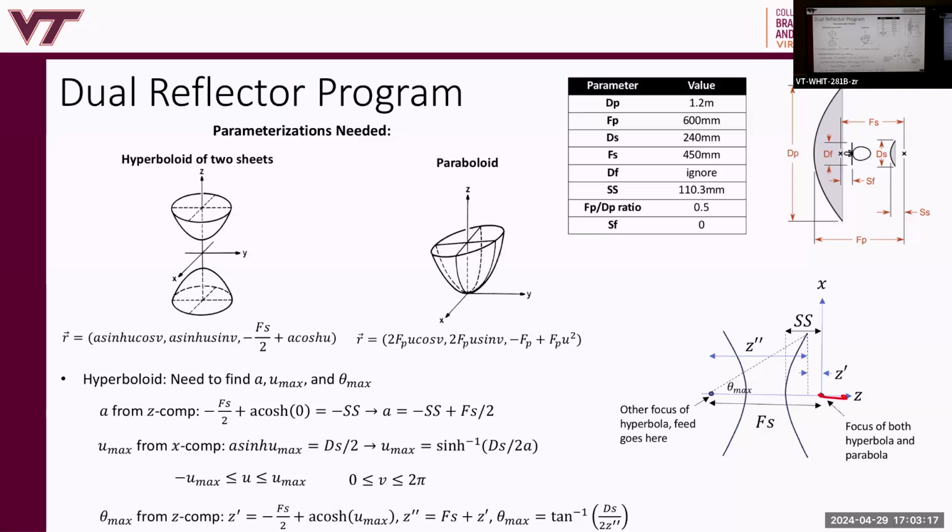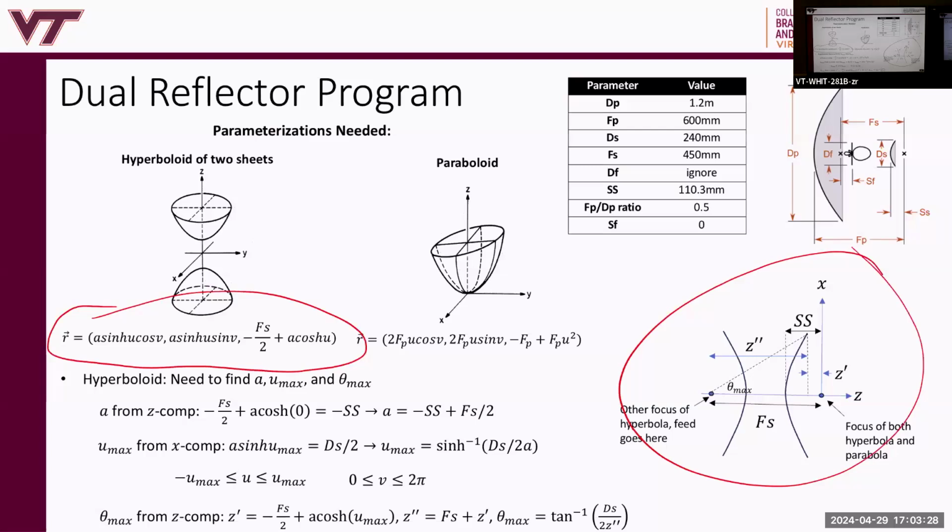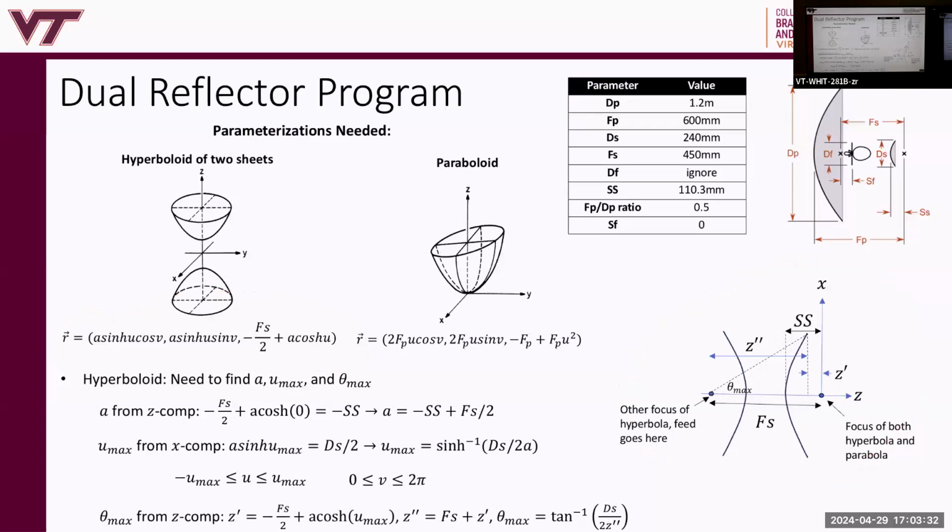Here's the origin of this coordinate system, right? Okay, so if we want to specialize this parameterization to this figure here, then that means that we're in the xz plane, which means v or phi is 0. So if you set v equal to 0 here, then you get sinh u, sinh u, and then you get this for z. All right. Or no, this part's 0 in that plane, right? Because sine of v goes to 0.